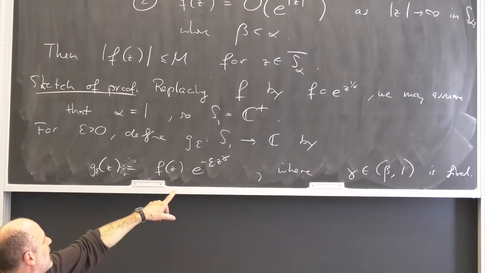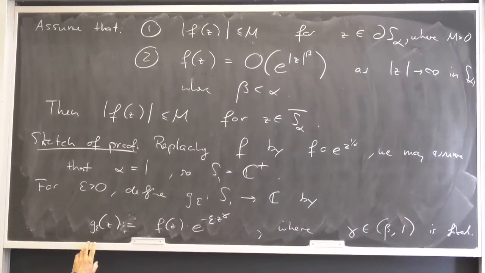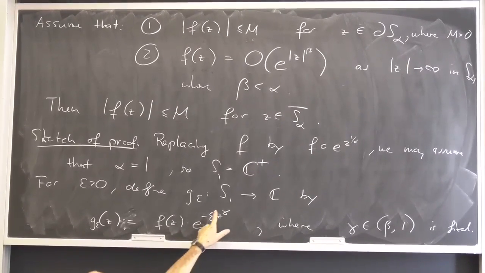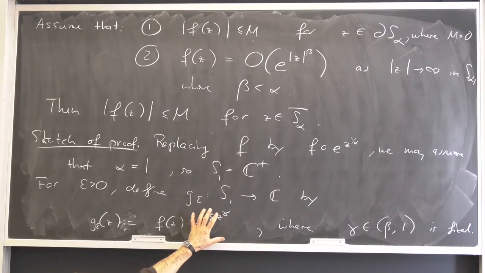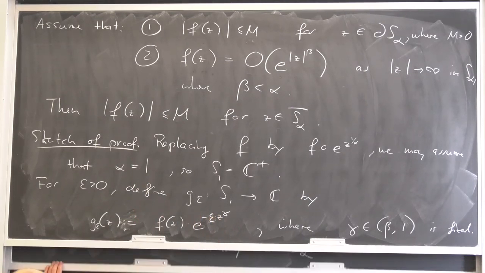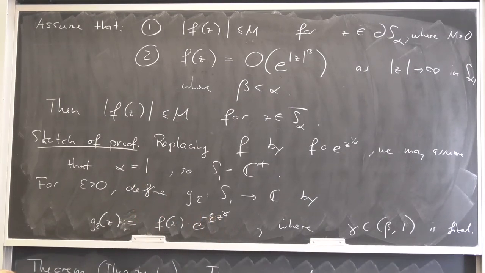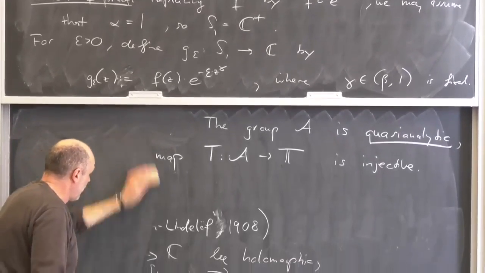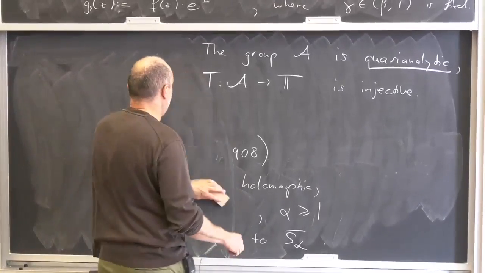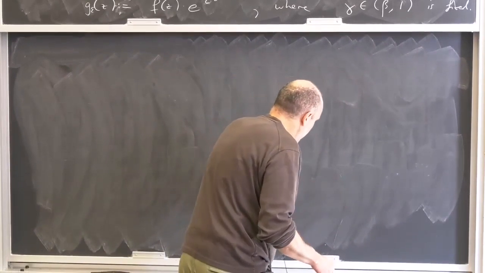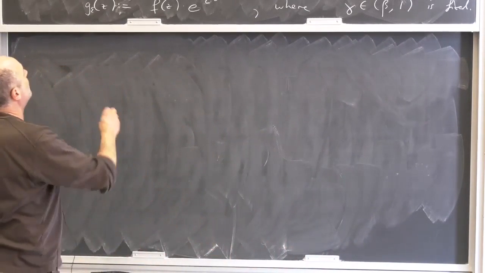All right. So why do I do this now? Epsilon is positive, so that means I have a negative exponent of x. So this is bounded. In particular, it's bounded on the imaginary axis, in fact by 1.